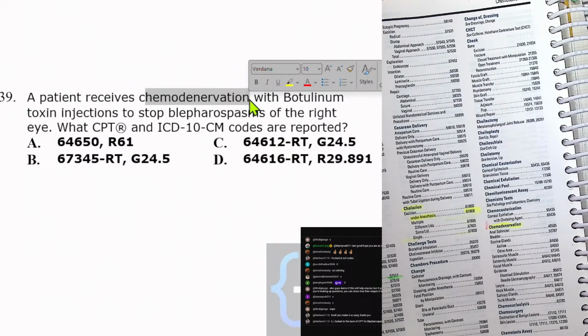In the CPT book, that's the great thing about the alphabetical index in the back of the book: you can look up body parts, diagnosis codes or words, or the name of your surgery. Very forgiving alphabetical index, unlike the one that we use for ICD-10, which is not forgiving at all.